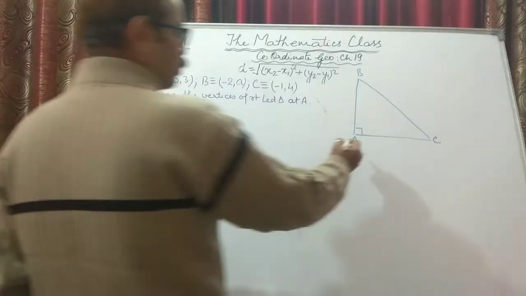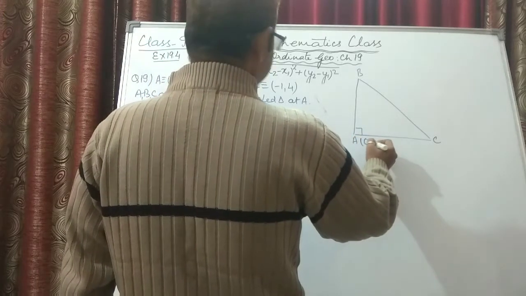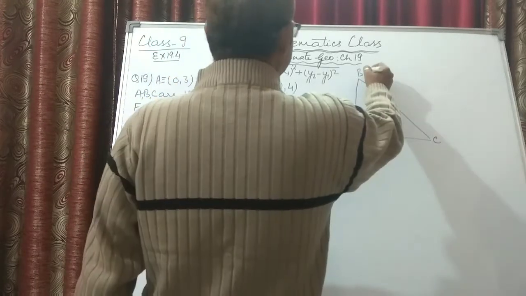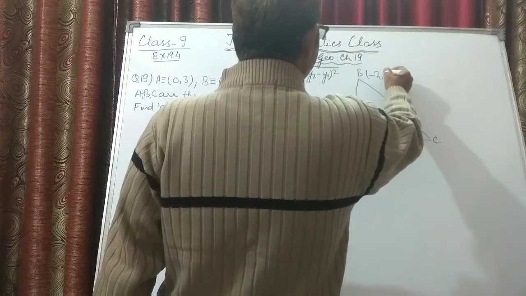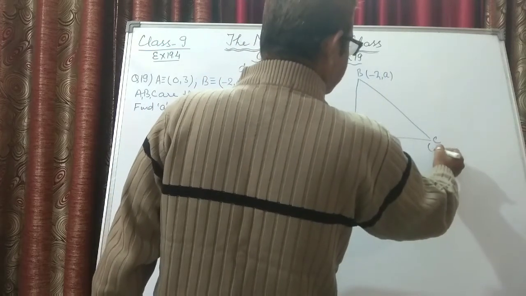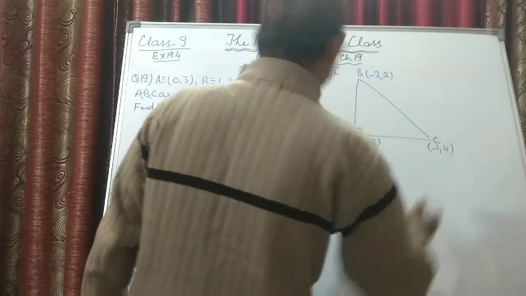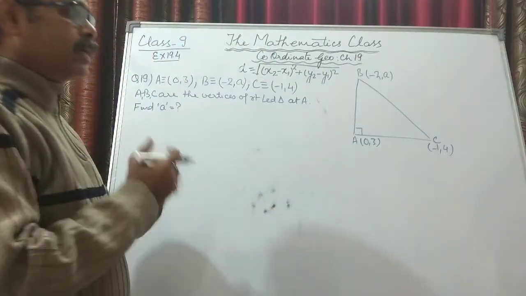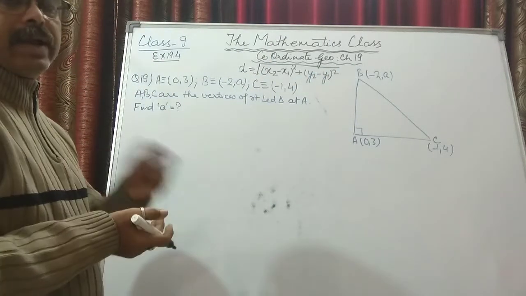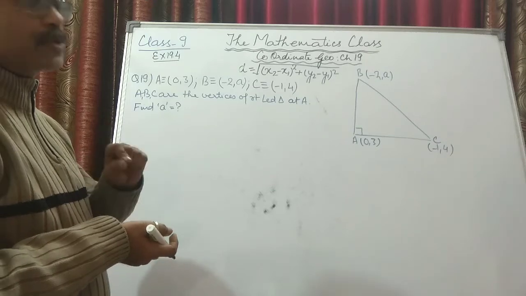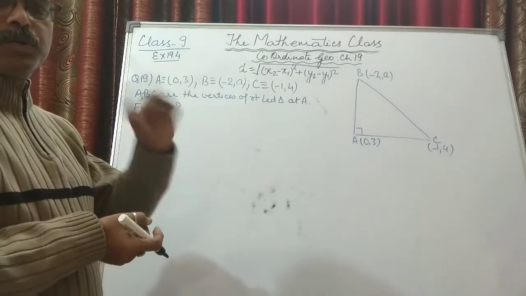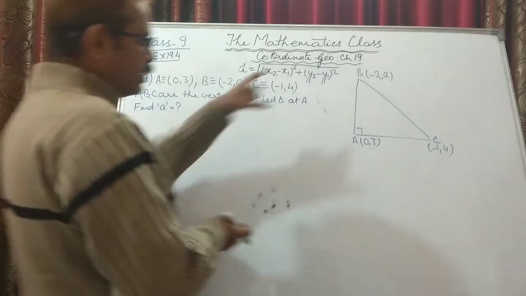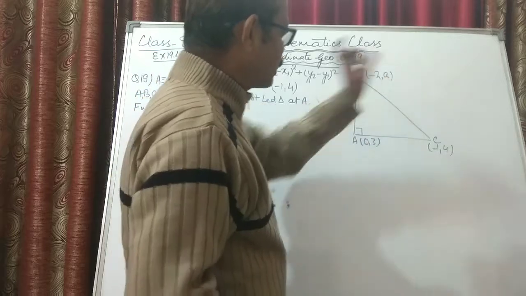Now they say that the coordinates of A are 0, 3, B are minus 2, a, and C is minus 1, 4. We have to find the value of small a. Now we know that in a right angle triangle we can always apply Pythagoras theorem if we have to do anything with the sides. And here we need the length of AB, AC as well as BC.